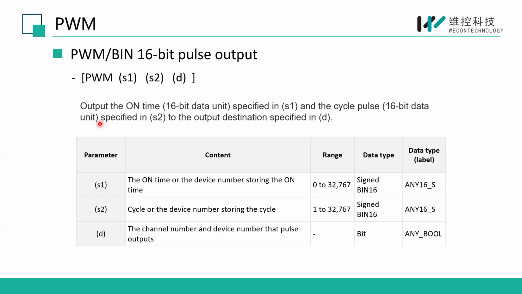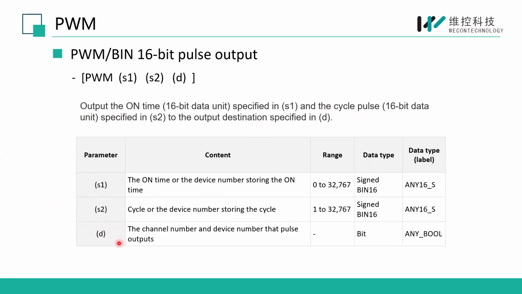Okay. The PWM first outputs the on time specified in S1 and the cycle pulse in S2 to the output destination specified in D. So I think everyone should be familiar with PWM.